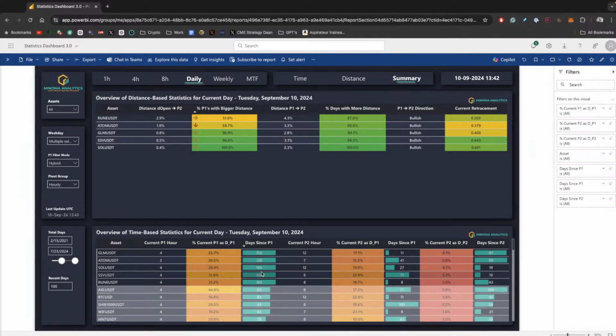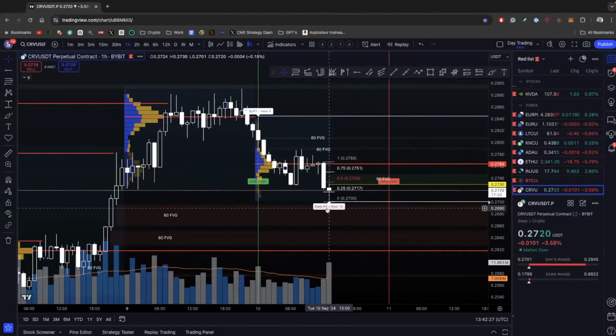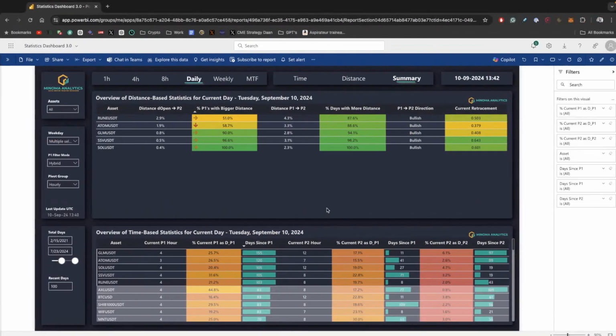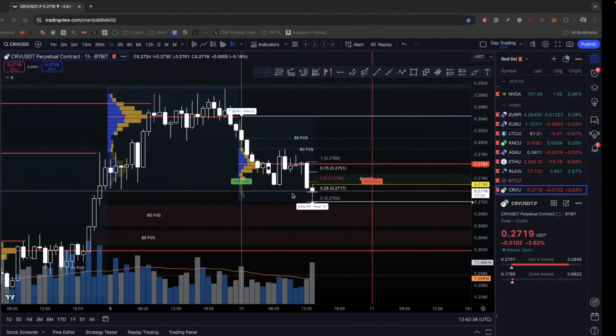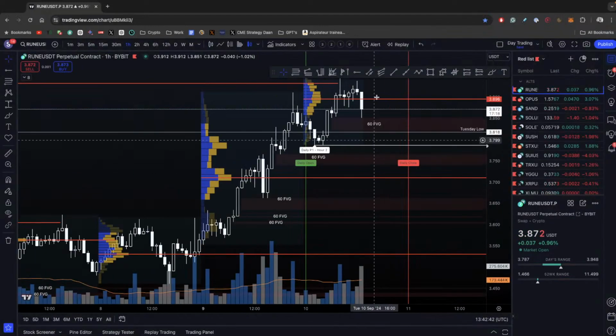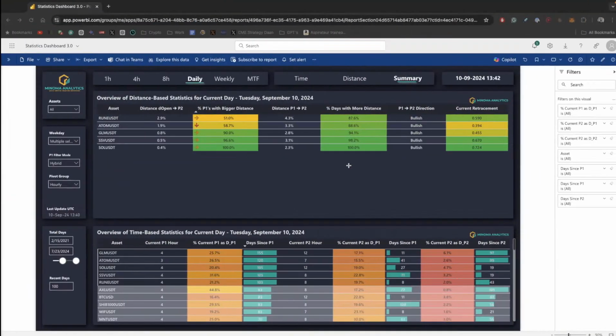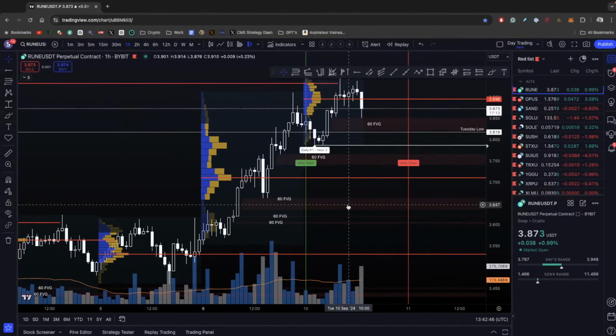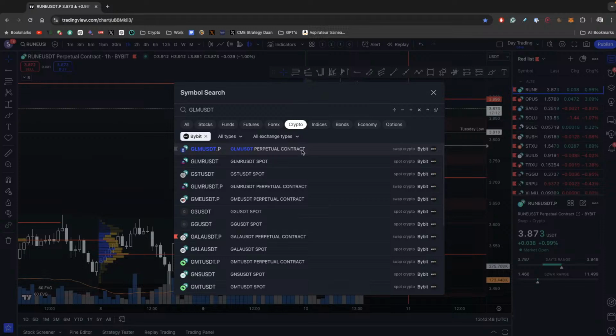So this is really interesting. The CRV one we found using the distance statistic, the Maker, and what was the other one again? Rune. We found using the last P1, last P2 columns. And you could probably do the same here. Let's see what GLM is doing.